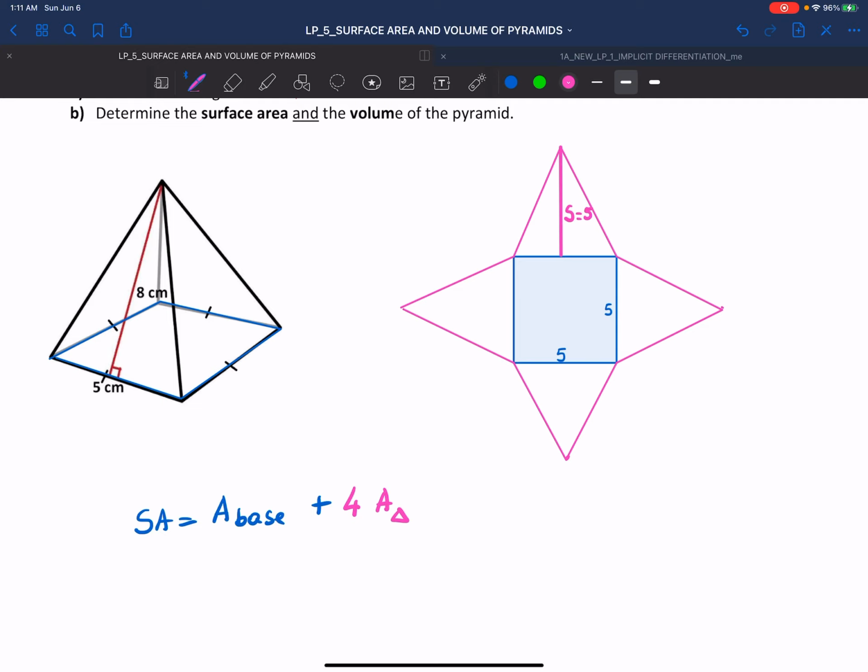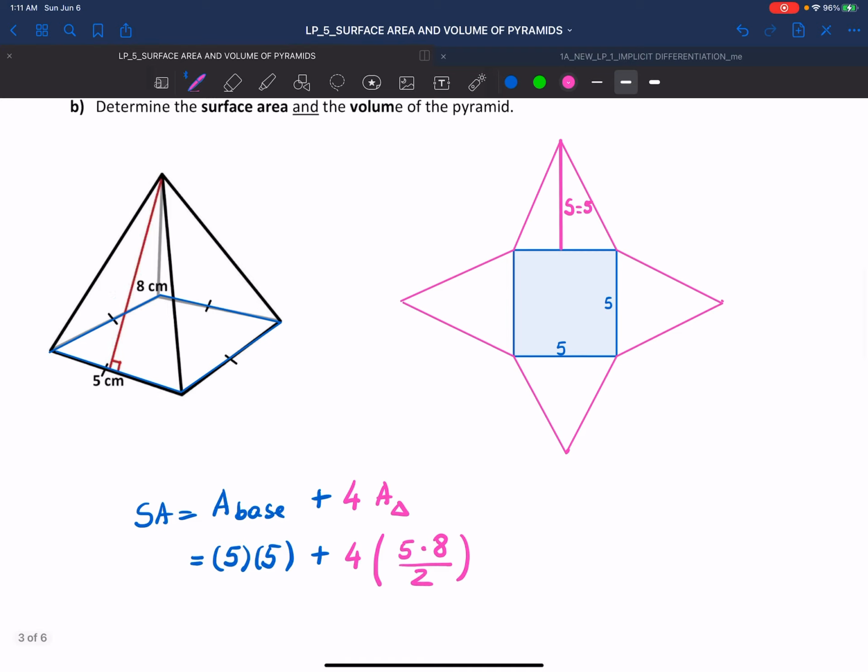So, area of the base, since it is a square, is 5 times 5, or 25. And then we have 4 areas of a triangle. One of the triangles will have the area base, which is 5, times height. Remember, the height of the triangle is the slant of the pyramid divided by 2.